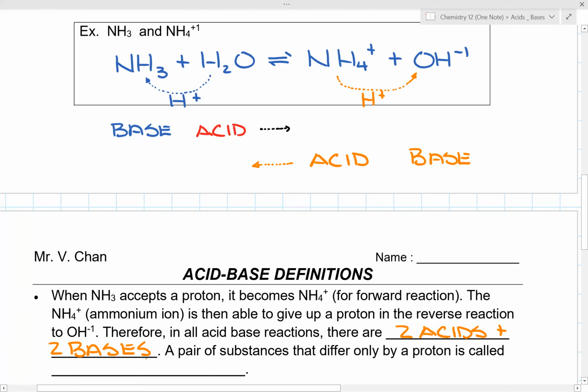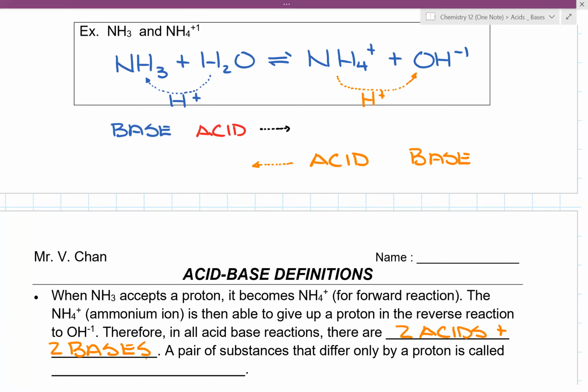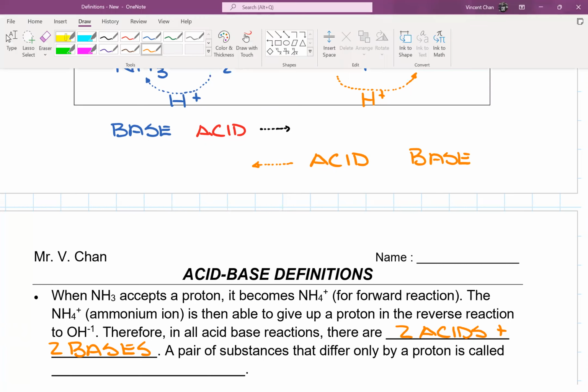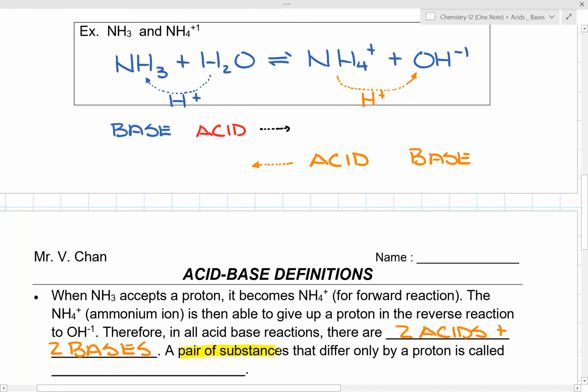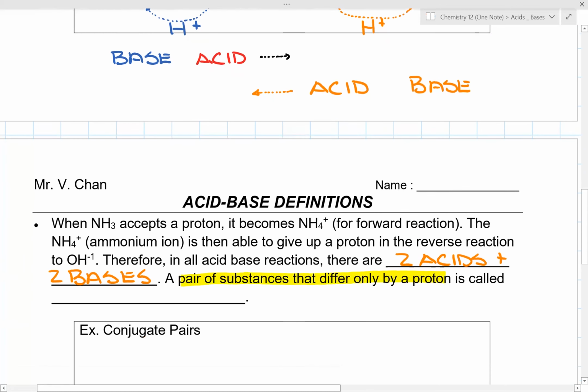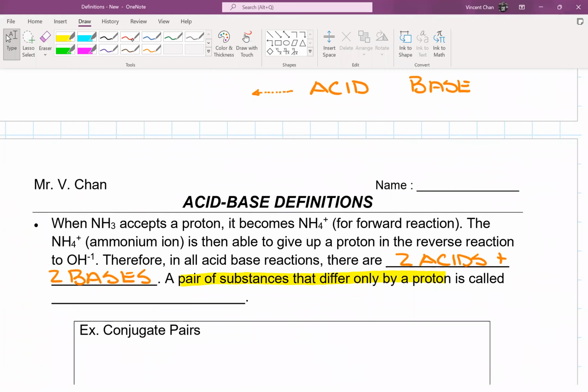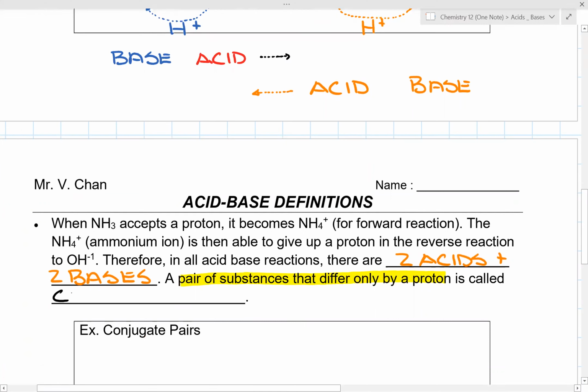One for the forward reaction, one for the reverse. A pair of substances that differ only by a proton is called conjugate pairs.